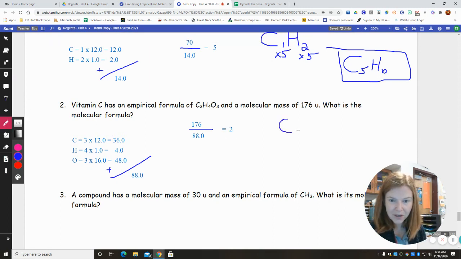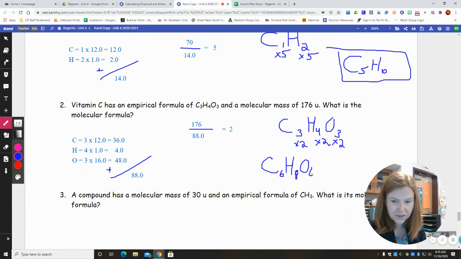So I take my empirical formula, C3H4O3, and I multiply each of those subscripts by the integer, which gives me C6H8O6. That is horrifically written, but you get the idea.